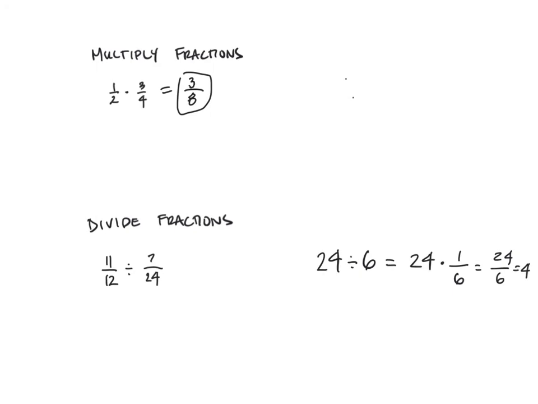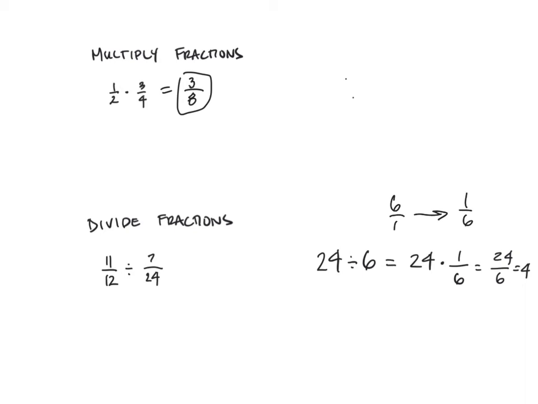And if we use this part right here, where we know 24 divided by 6 is equal to the same 24, but I changed this to multiplication, and then I changed the 6 to its reciprocal. Reciprocal is just switching the numerator and denominator, like this: 6 over 1. The reciprocal of 6 over 1 is 1 over 6.